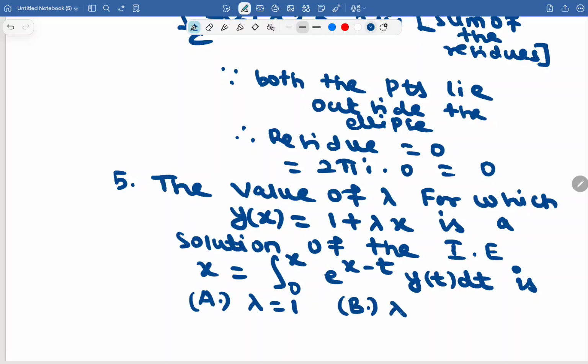Second option, lambda equal to minus 1. Third option, lambda equal to 0. Last option, lambda equal to 2.